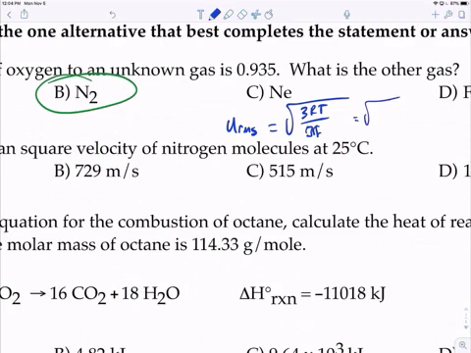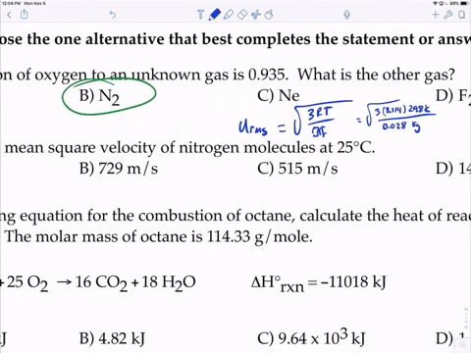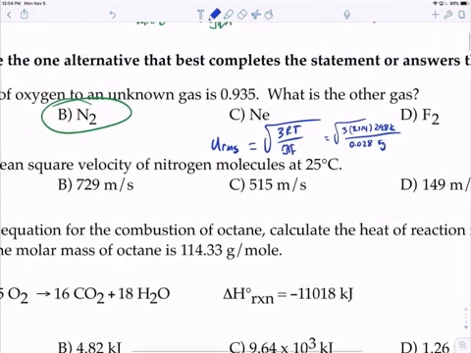So it's the square root of 3R, R is 8.314, temperature 298 Kelvin, all over nitrogen, 0.028 kilograms. I'm not going to put all the units on there. Did you want me to throw that in the calculator, or is that good enough? Raise your hand if you want me to put that in the calculator.